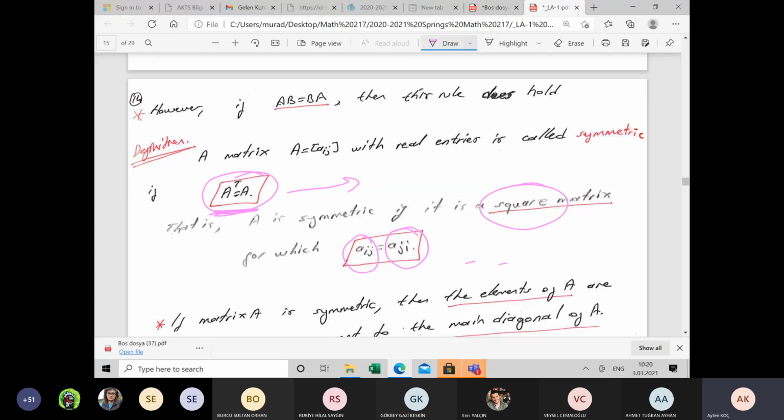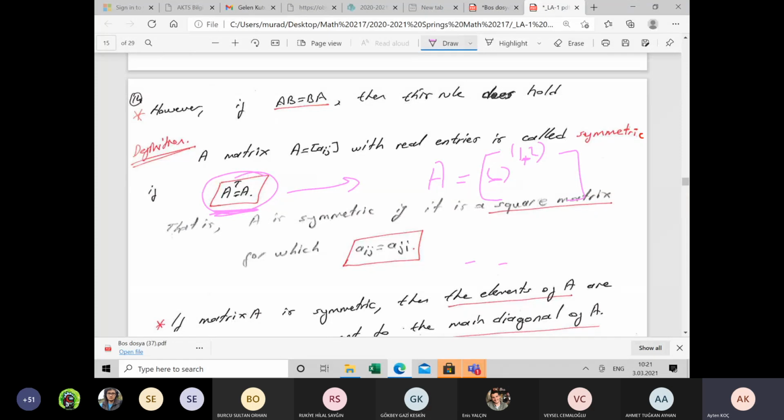Look at the matrix A. Take the ij entry, for example, here the 1, 2 entry. Interchange the row and column, and this entry should be the 2, 1 entry.